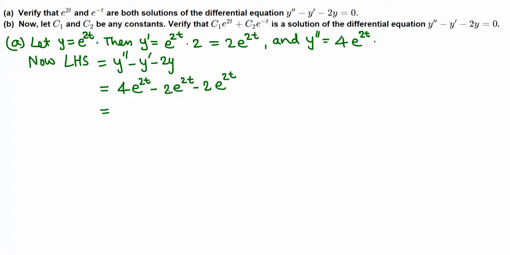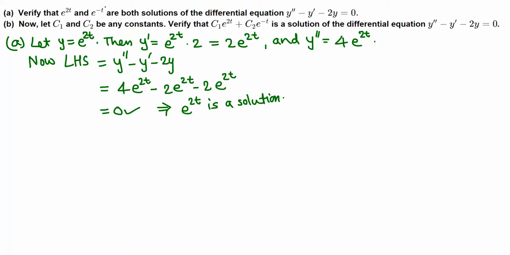Okay, negative 2, negative 2, negative 4 e raised to 2t, positive 4 e raised to 2t. So these two collectively cancel with this, so we get 0, which is the right hand side. So e raised to 2t is a solution.